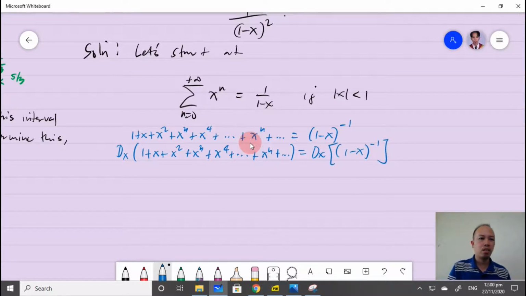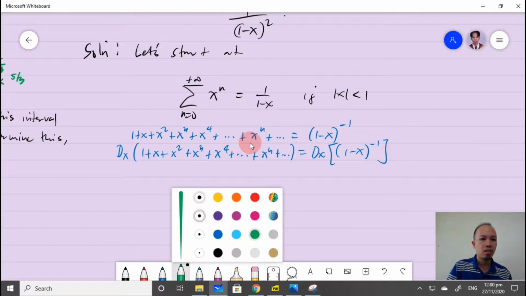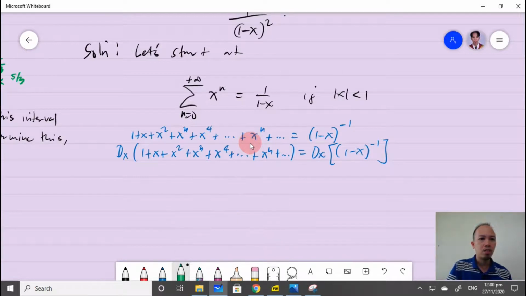The derivative of 1 is 0, so this is 0 plus 1 plus 2x plus 3x squared plus 4x cubed plus dot dot dot, up to nx to the n minus 1.